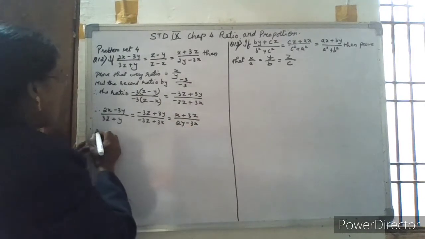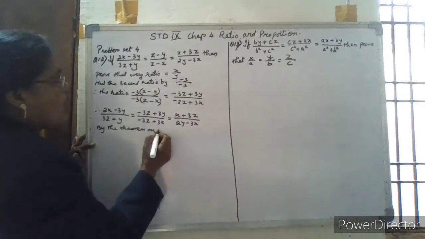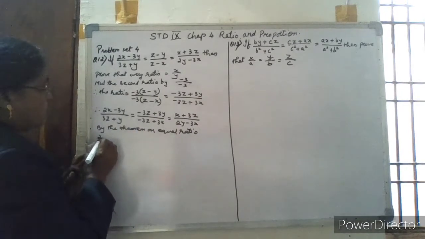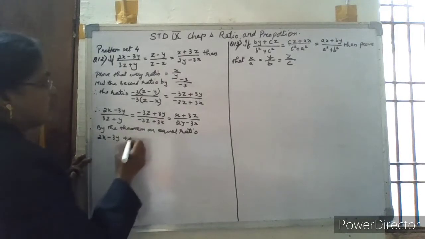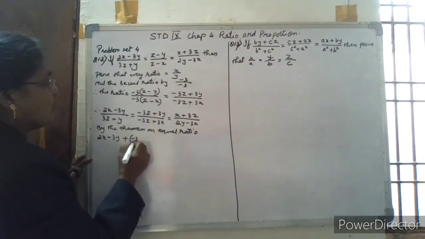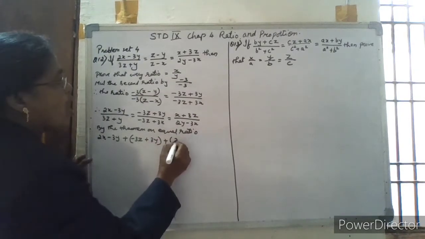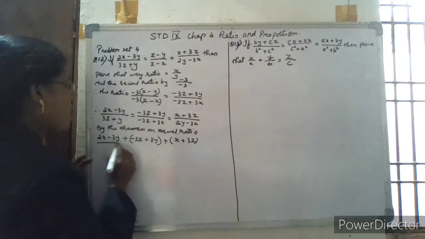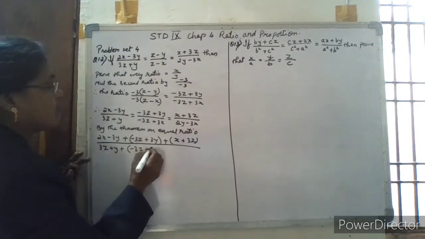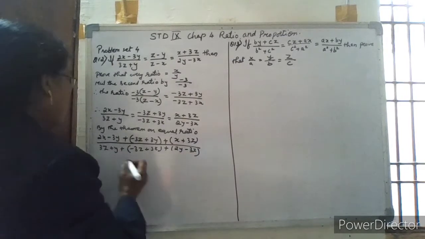So by the theorem on equal ratio, we have got (2x - 3y) plus (-3z + 3y) plus (x + 3z) upon (3z + y) plus (-3z + 3x) plus (2y - 3x). So let us open the bracket.